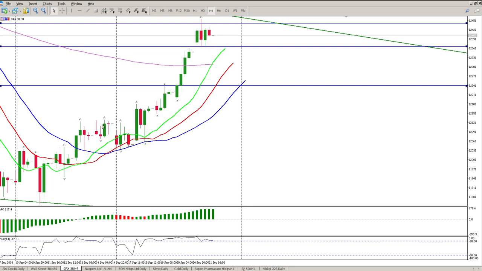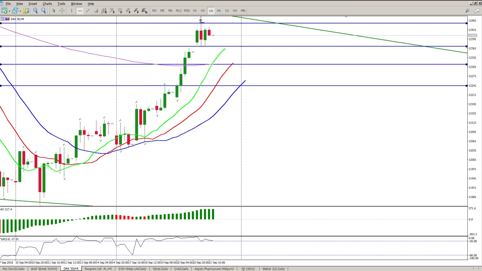You see every fractal, and the last fractal breakout is the area that I expect to be tested. So that's the first logical place to be tested. And the second logical place that should be tested is the 200 moving average on the 4 hour. So that's what I expect.